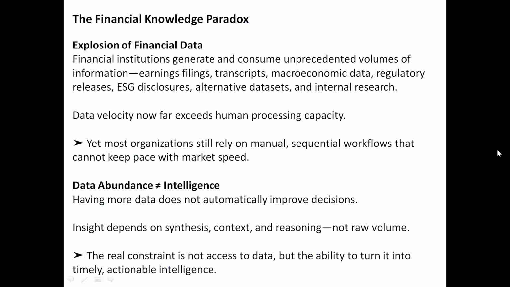So for the first part, you are all financial area experts, so you know the challenges in current financial service practice. I'm going to briefly touch upon it, just to summarize why we need this kind of agentic AI framework.